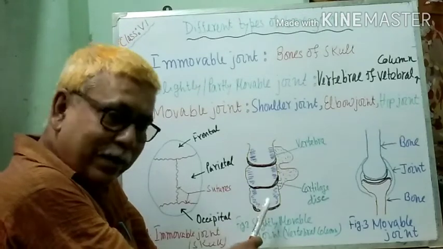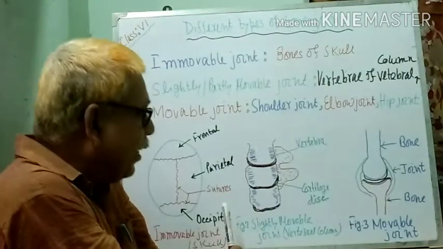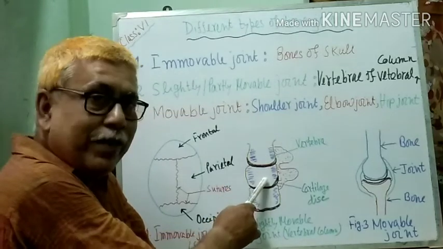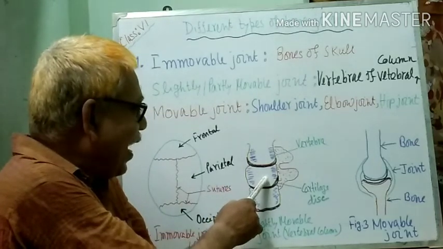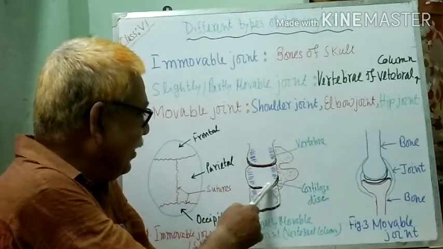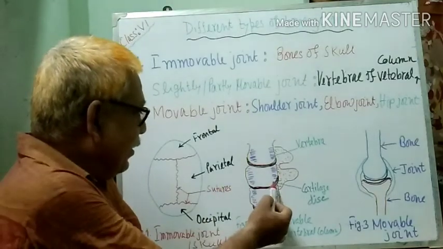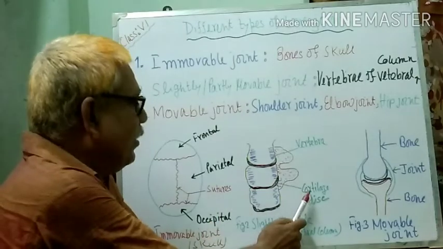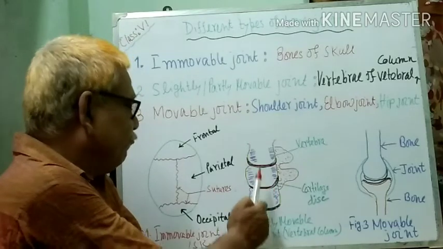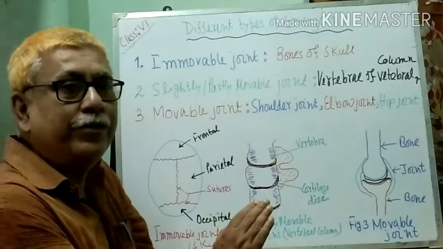We learned earlier about the vertebral column. So here, see, these vertebrae are connected with a cartilaginous disc. This is a cartilaginous disc. These cartilaginous discs allow the vertebrae slight movement.